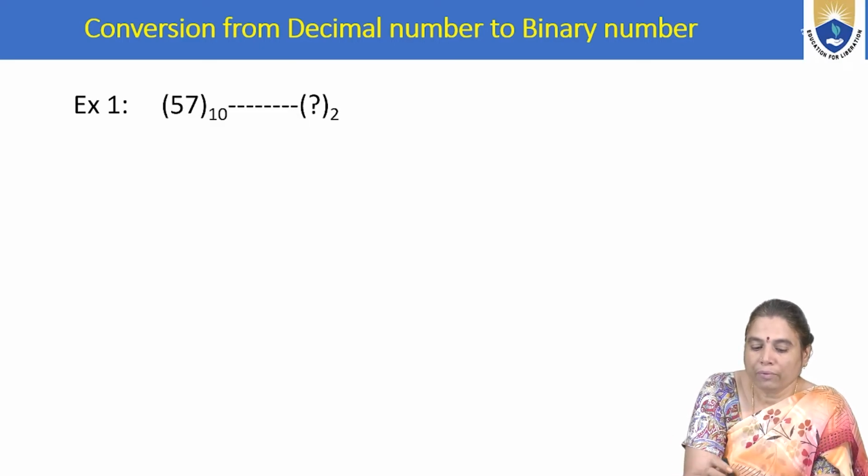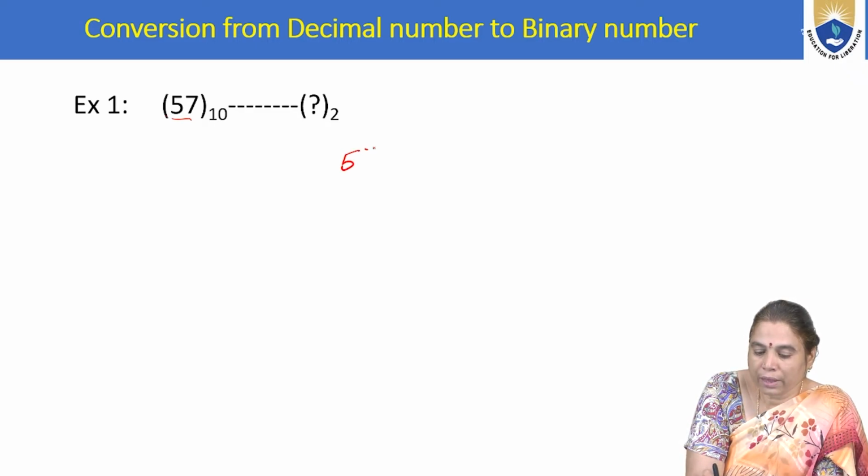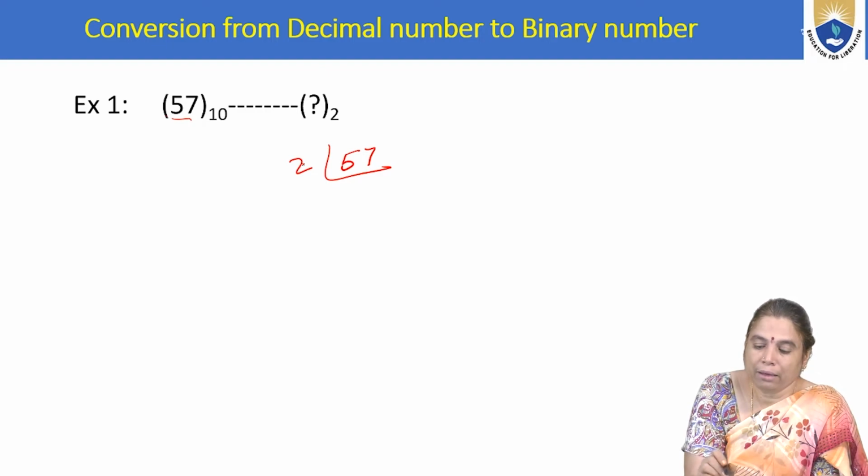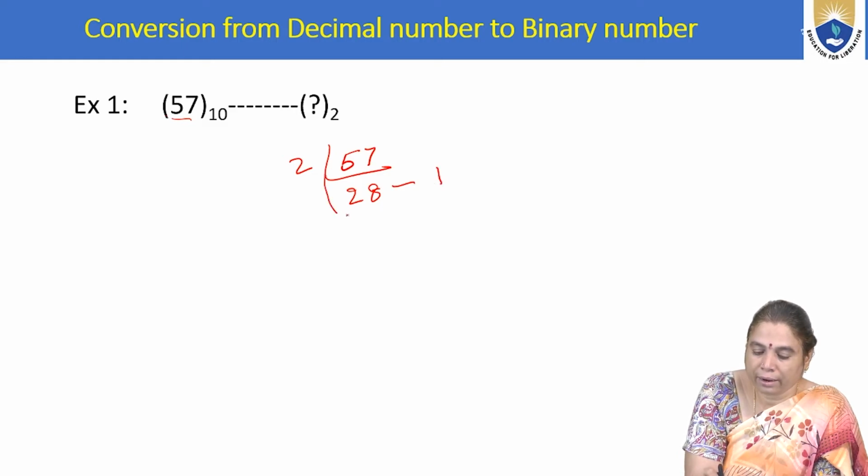How to convert the decimal value 57 to a binary value. We have to divide 57 by the base value of binary, which is 2. 1 is the remainder. Next 2, 0 is the remainder.